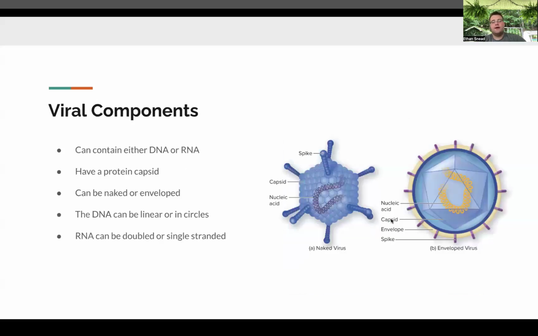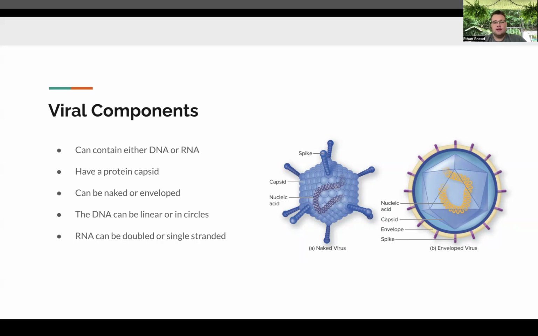Now we are going to talk about the components of a virus. Viruses can contain either DNA or RNA, but they can't contain both at the same time. The DNA is double stranded and linear, or it can sometimes be double stranded in circles.